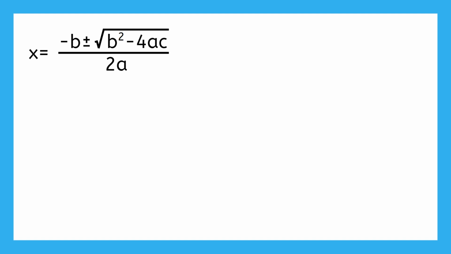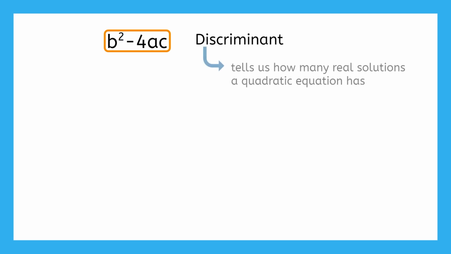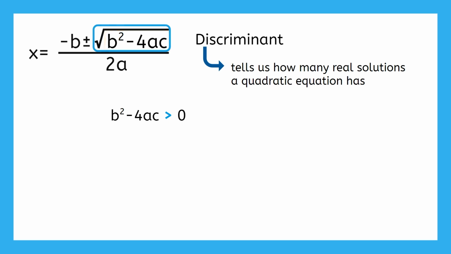In the quadratic formula, this section under the radical symbol, b squared minus 4ac, is called the discriminant. It tells us how many real solutions a quadratic equation has. If the discriminant is positive, or greater than 0, then this square root chunk of the formula will have a positive and a negative answer, which is why the formula has the plus or minus symbol built in.